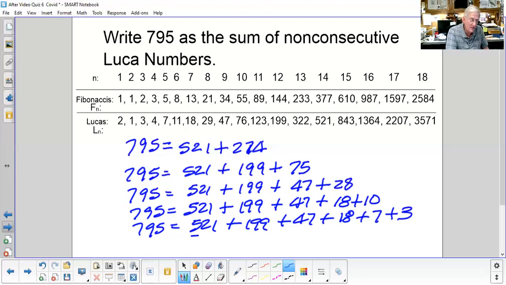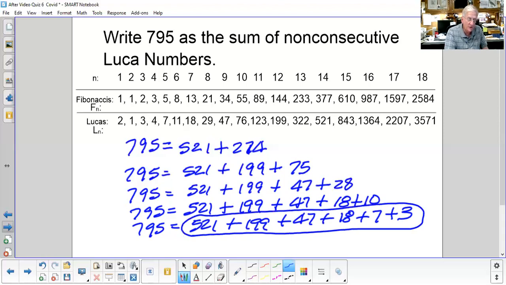So all of these numbers added together are non-consecutive Lucas numbers, which add up to 795. Now, if we look at the table, and I circle these numbers on the table, 521, 199, 47, 18, 7, and 3, you can see none of those numbers are next to each other on the table.